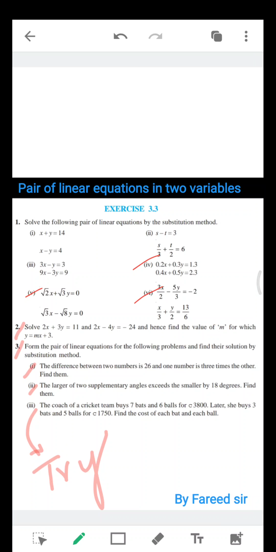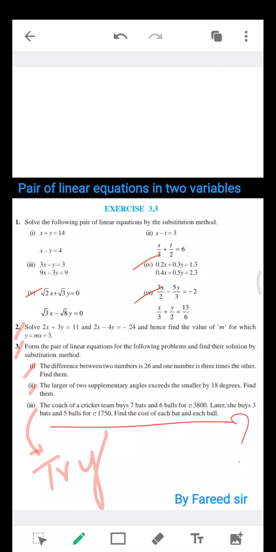Now your work is, you should try question number 3, that is third bit. Hope you know how to frame equations for this question. So the coach of a cricket team buys 7 bats, 6 balls for 3,800.